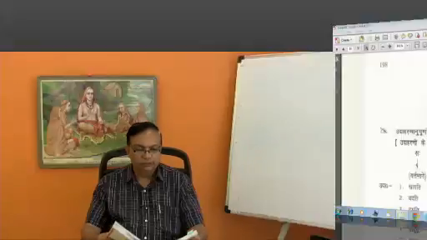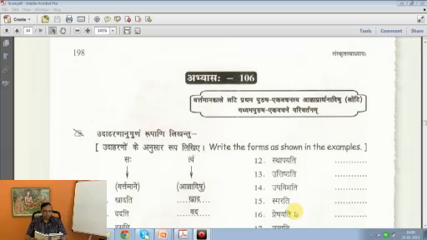And this exercise number 106 is flashing at us on the book, page 198. Please watch them on the monitors and write the forms as shown in the examples.